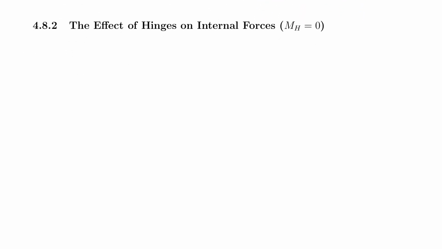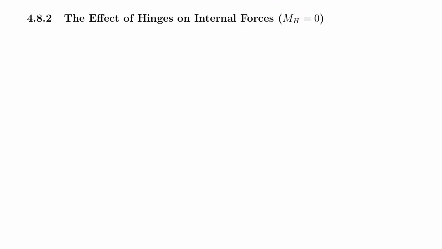So the effect of the hinge on the internal force then is as follows. No matter what you have on the left and on the right side of the hinge, you will always have a moment diagram that passes through zero at the hinge.